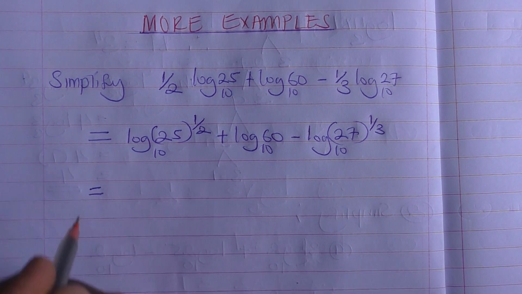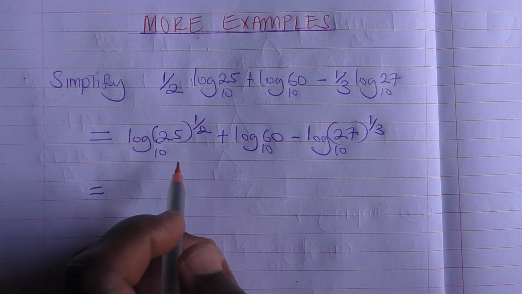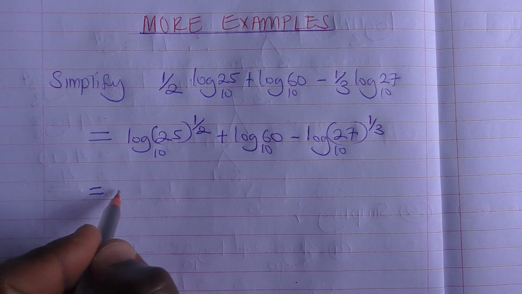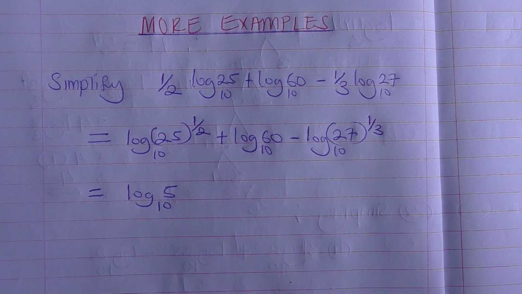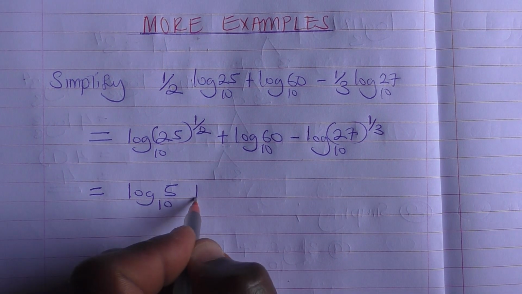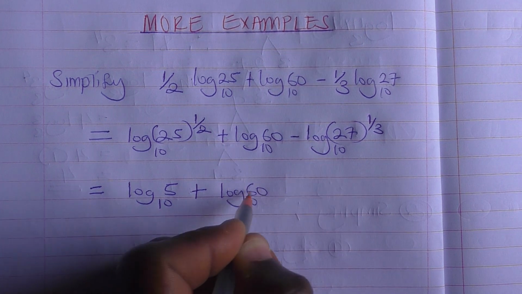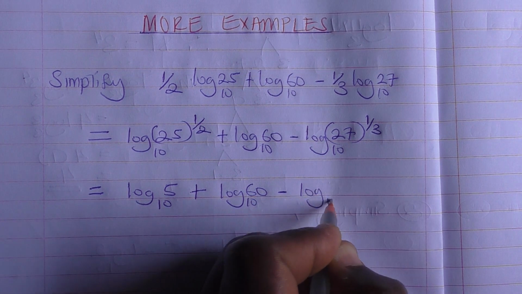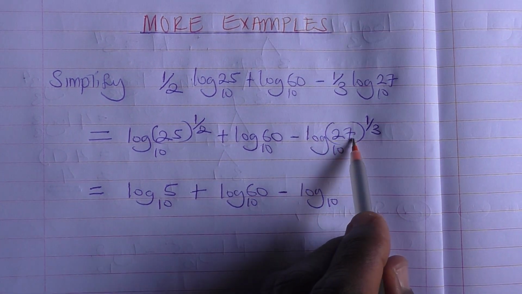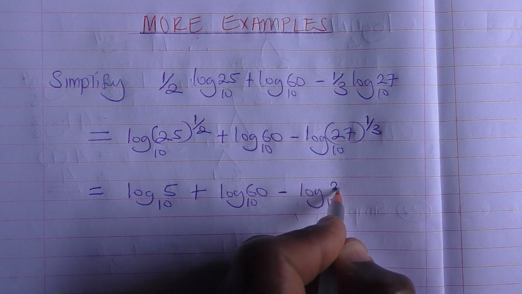Hence this gives us 25 power half, which is the same as the square root of 25, which is 5, plus log 10 60 minus log 10 27 power a third, which is the same as the cube root of 27, which is 3.